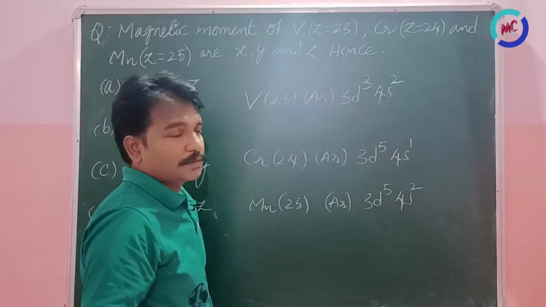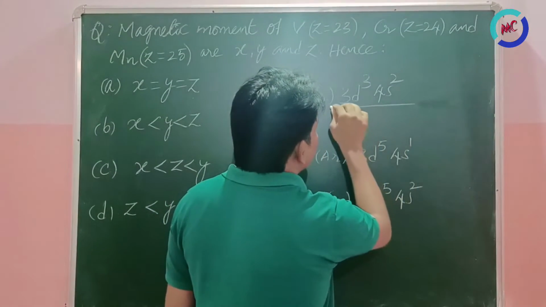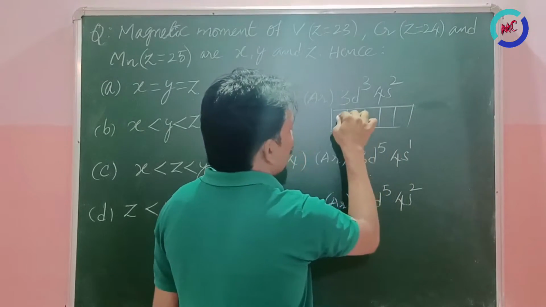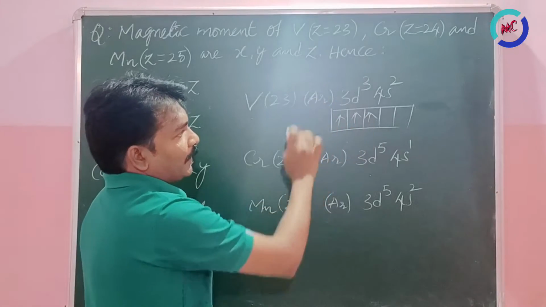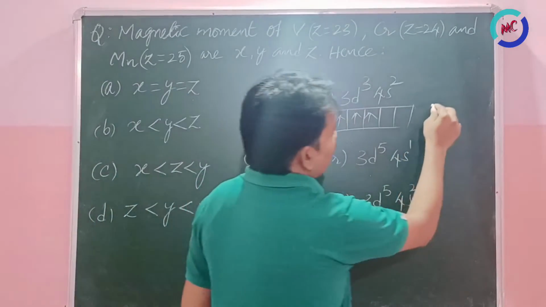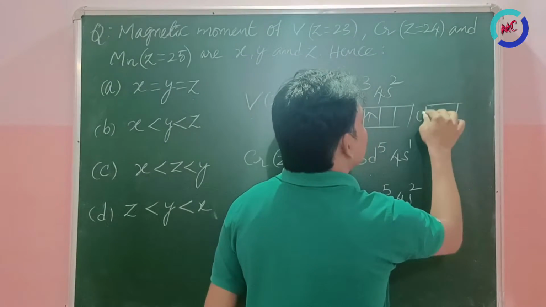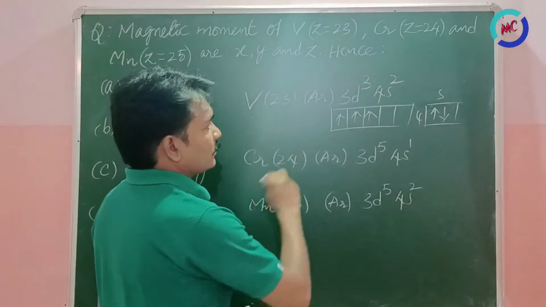Now we will write the configuration in box method. 1, 2, 3. There are 3 unpaired electrons in 3d, and in case of 4s, it has 2 paired electrons.